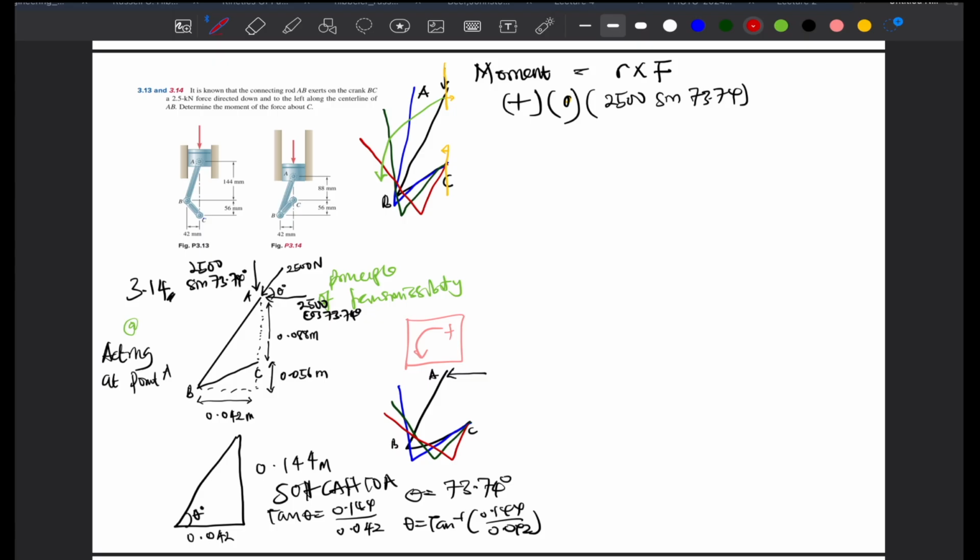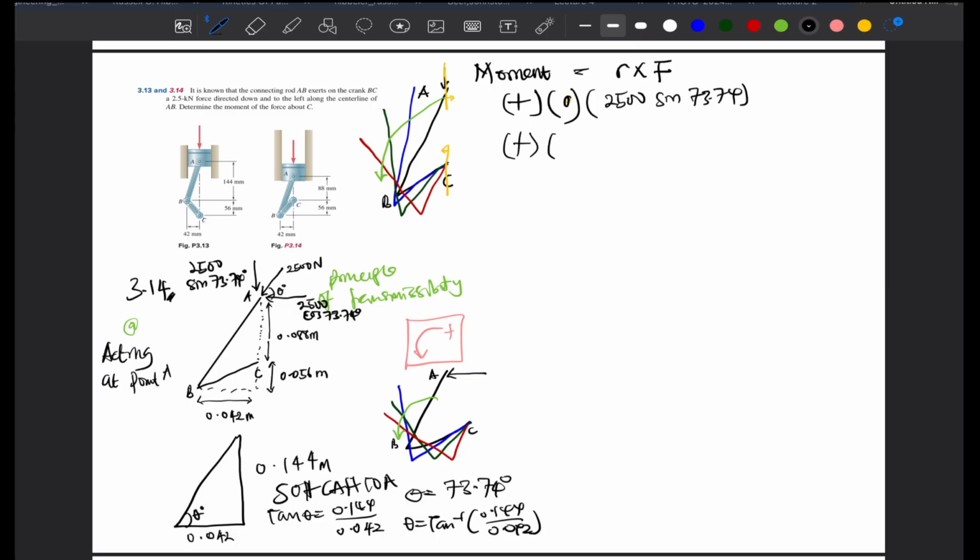So our body will tend to move in an anti-clockwise direction also, so I'm going to write our symbol as positive, because positive is anti-clockwise.